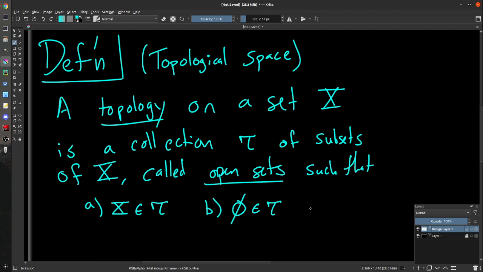And C, any union of elements of tau is in tau.